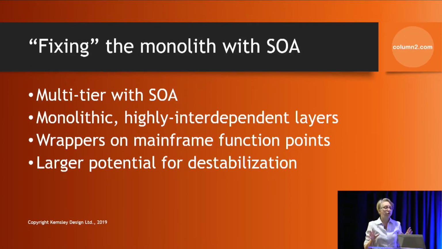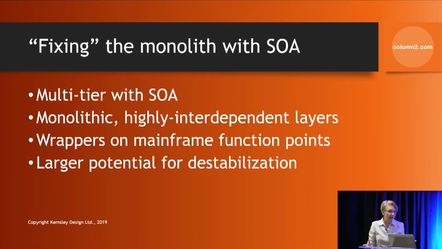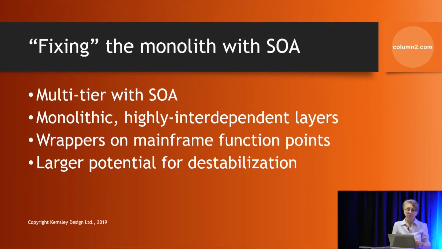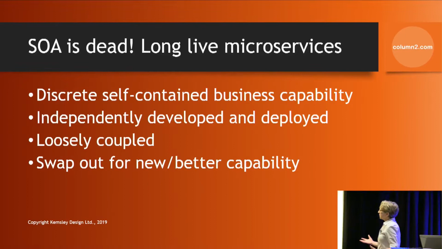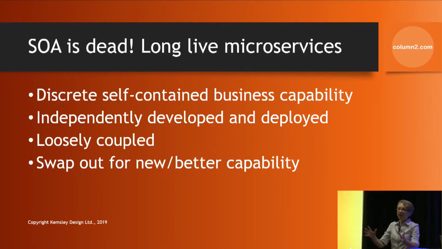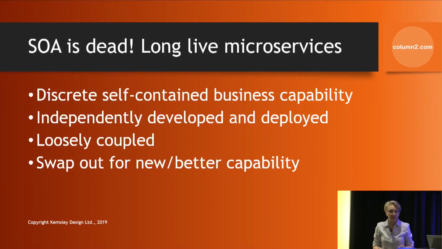Now, there was a lot of tool modernization at the same time, which was valuable, but we created another problem there. So now we're in this era of, oh, SOA is dead, but everything is microservices.